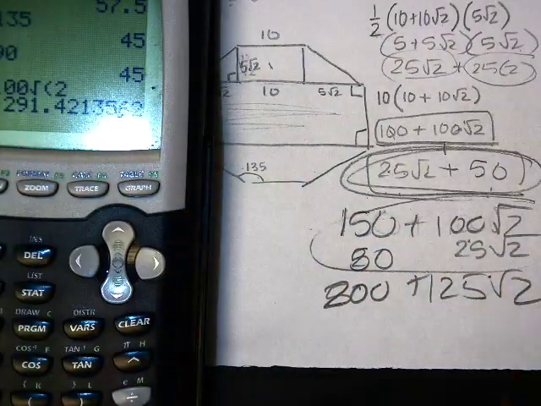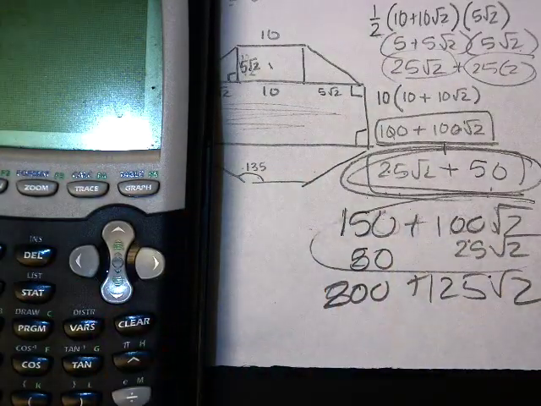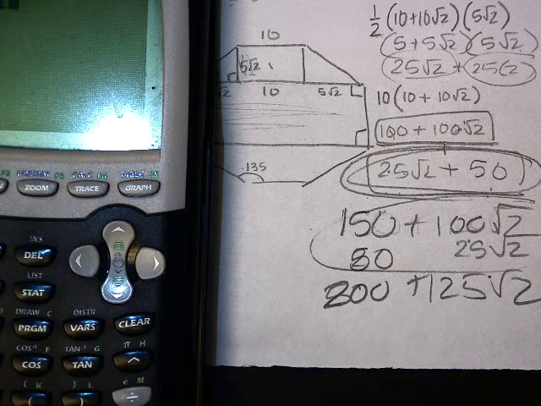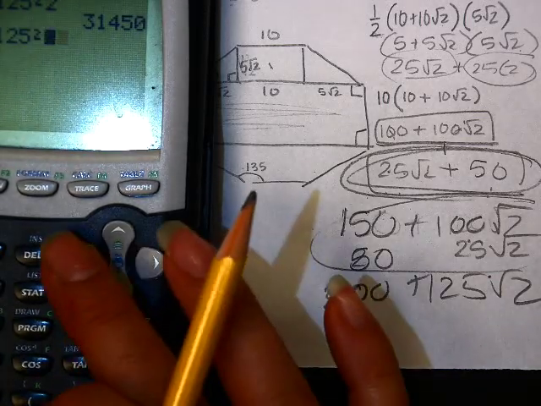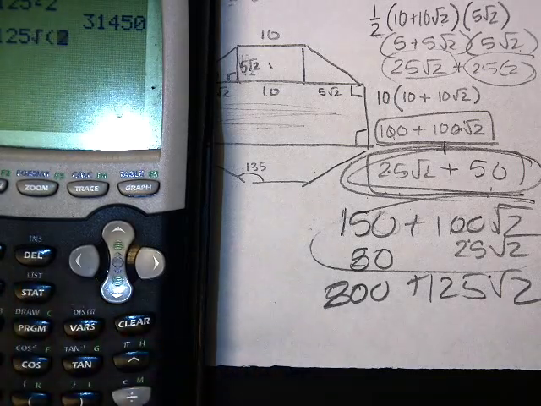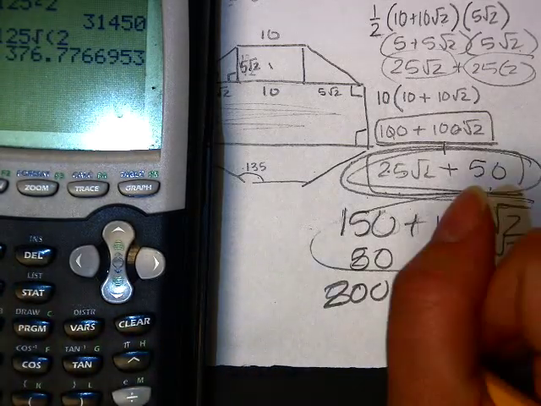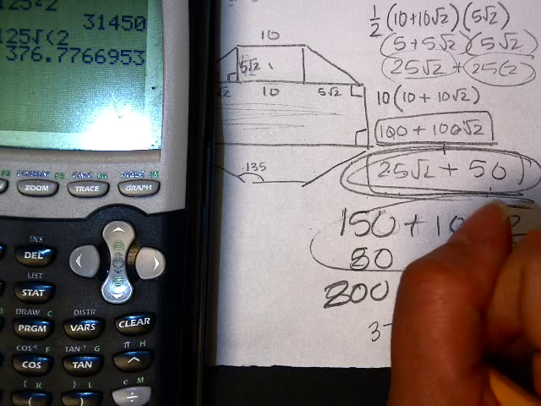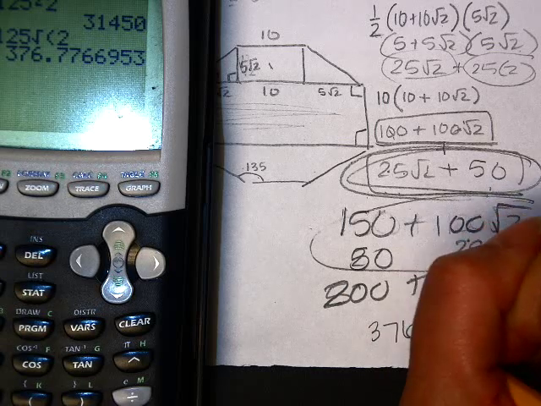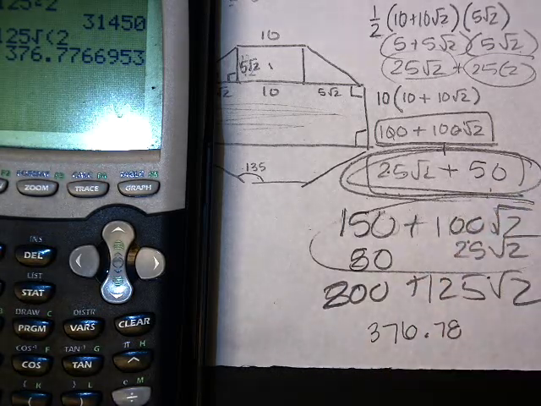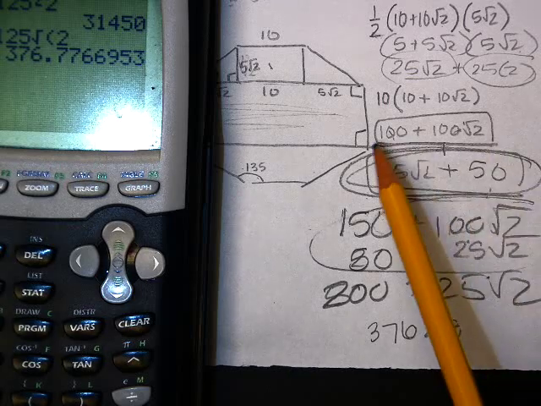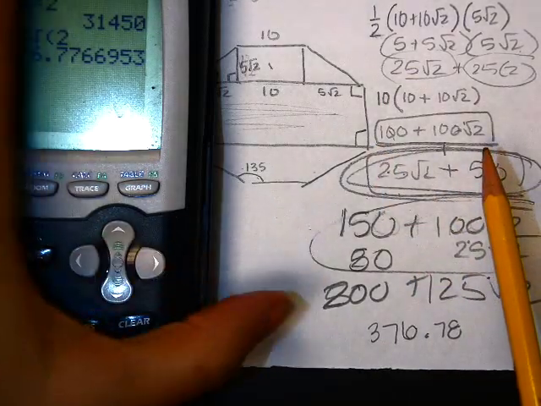So when I add that, oops, I'm going to have 200 plus 125 root 2, which is 376.78. It is not what I got on my original.